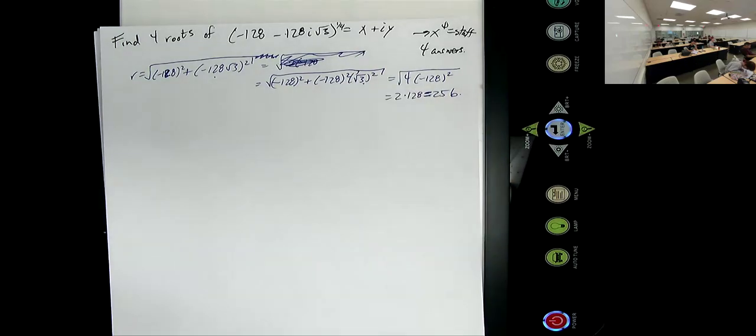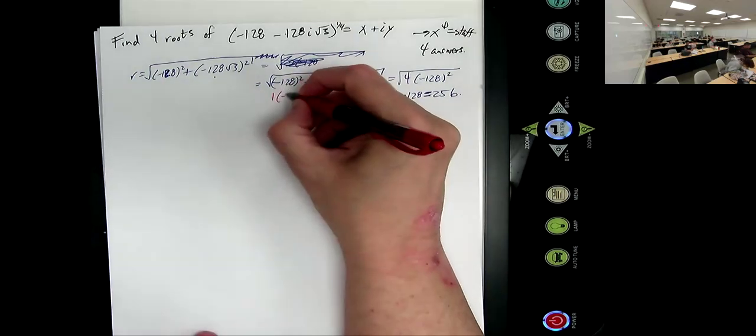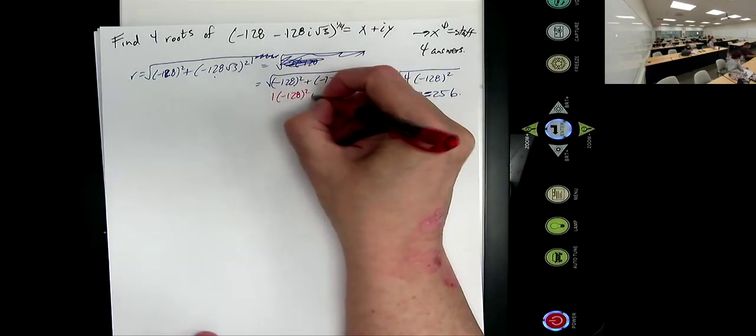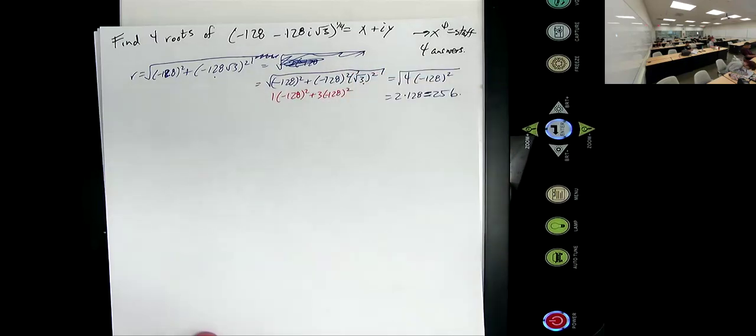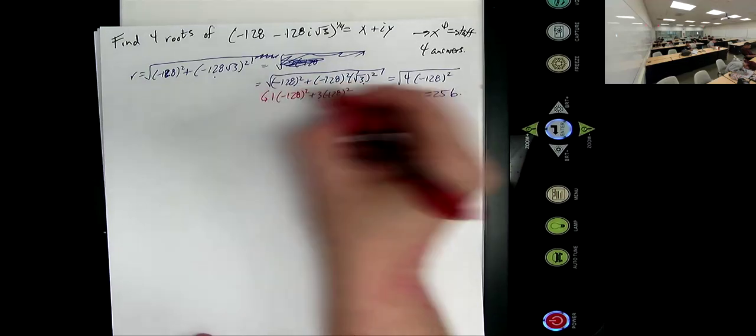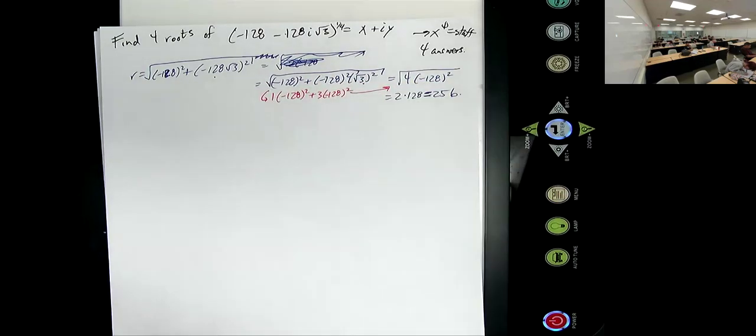Because I've got 1 of these, and then I've got 3 of these. See what I did there? Yeah, if you threw it in a calculator, you're gonna get the same thing.